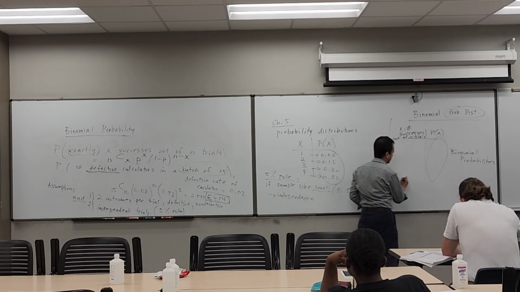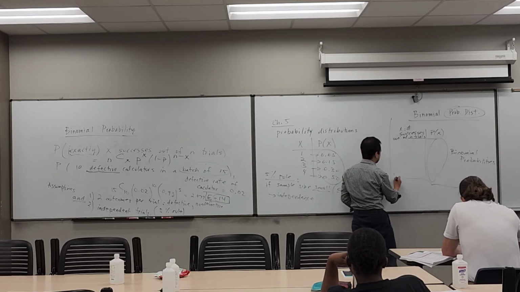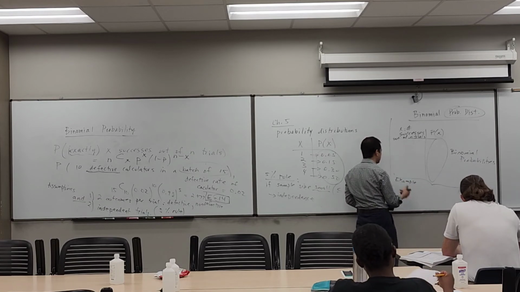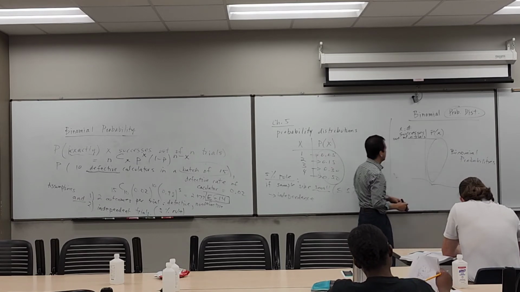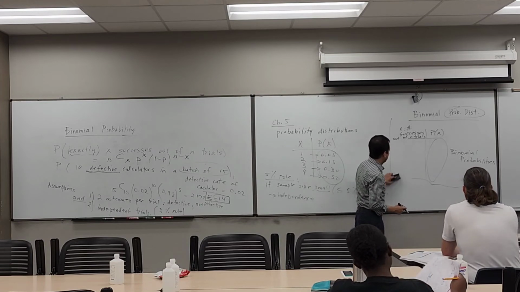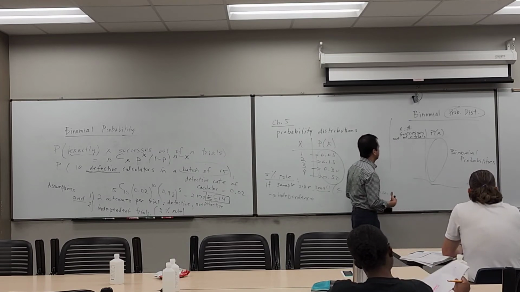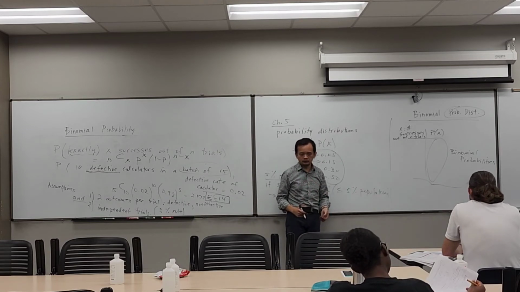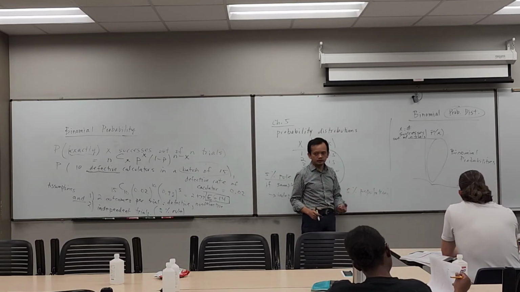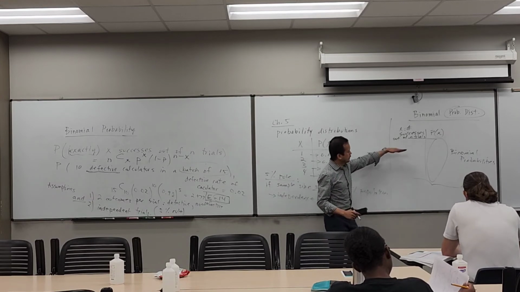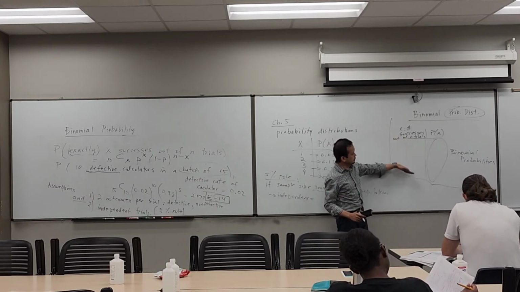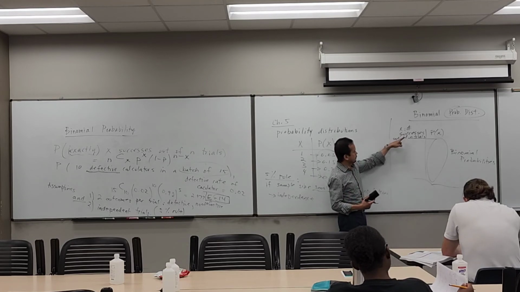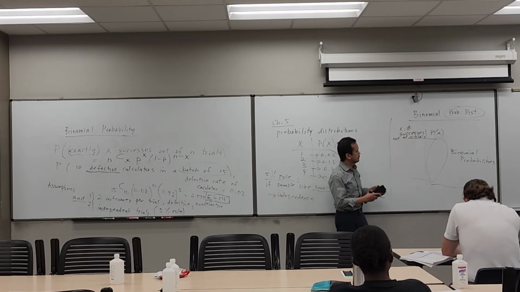So what's an example of that? An example is if you have a fair coin that you're flipping. Let's say you flip a fair coin 10 times, and you want to build a probability distribution for all the possible values that you could observe, representing the number of heads out of 10 flips.